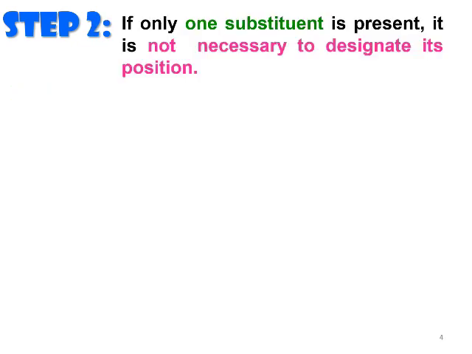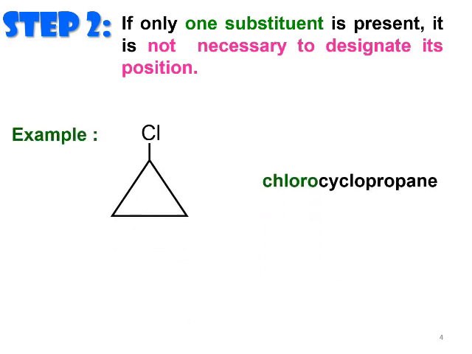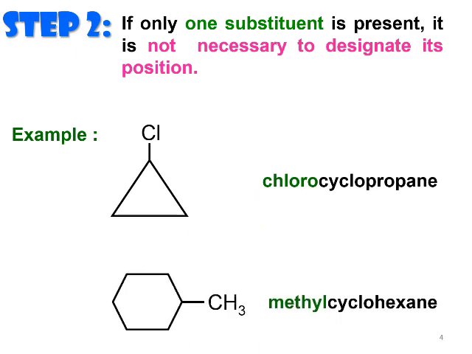Step number 2. If only one substituent is present, it is not necessary to designate its position. Example, chlorocyclopropane, not 1-chlorocyclopropane. Methylcyclohexane.